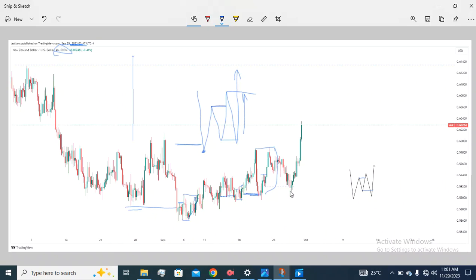Then we came back down and swept this first break of structure lower low. It's right here. Then boom, we rode. This is the target. Met. Ta-da! Yes, that is it. It was just as simple as that.